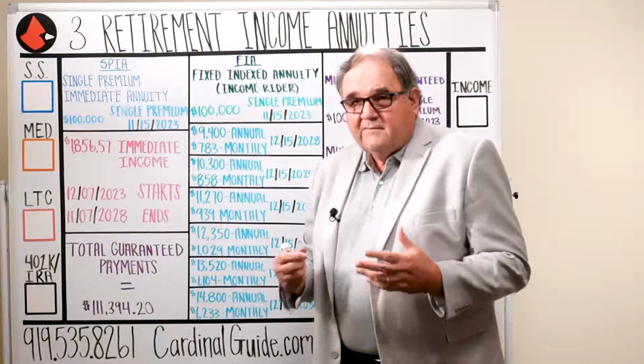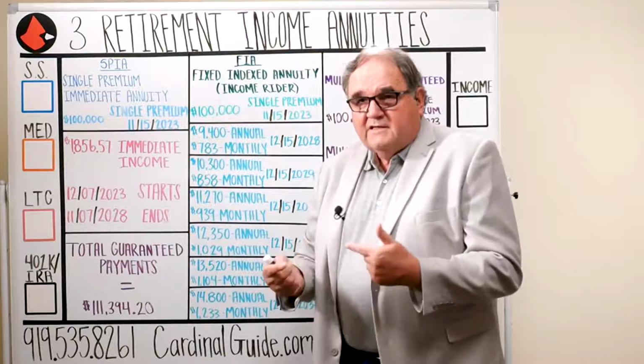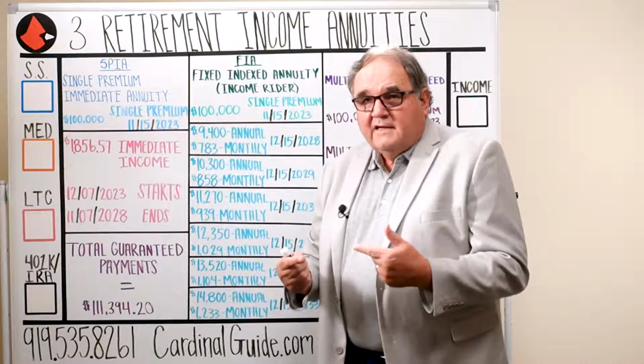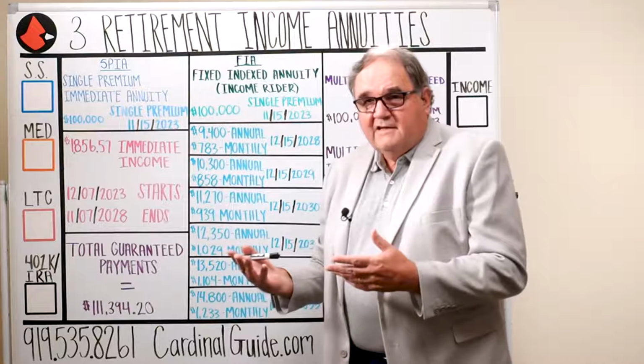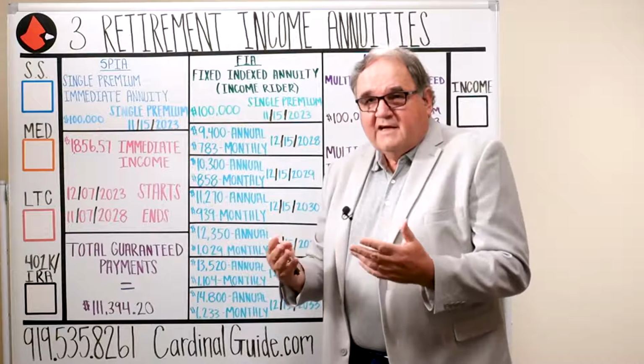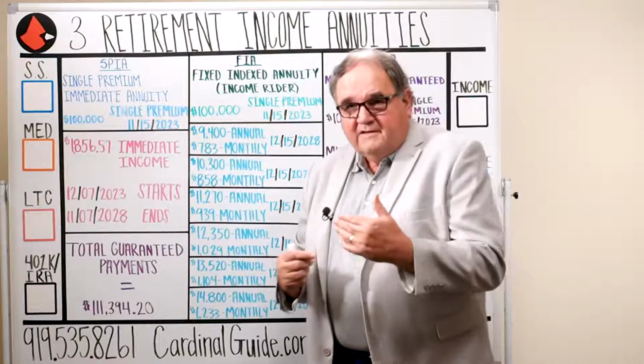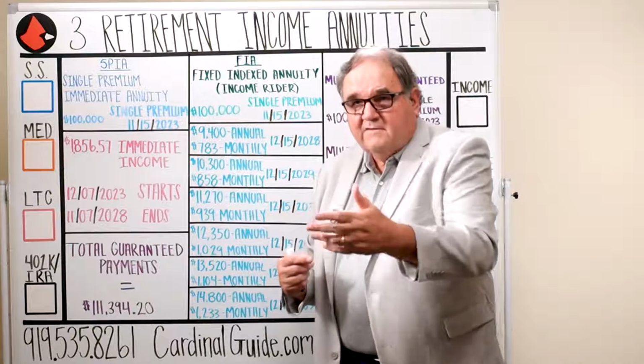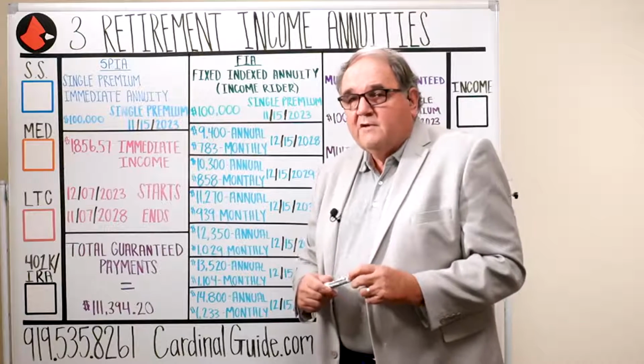So we use this frequently as a replacement for Social Security. There's an inherent interest rate in here, and we could calculate that for you individually if we're going to be recommending one of these for you.